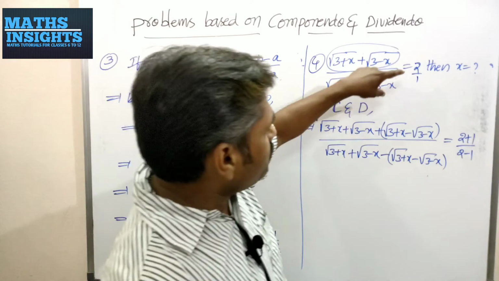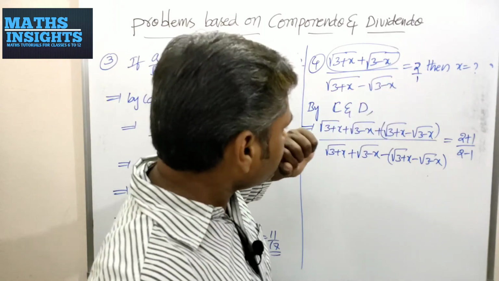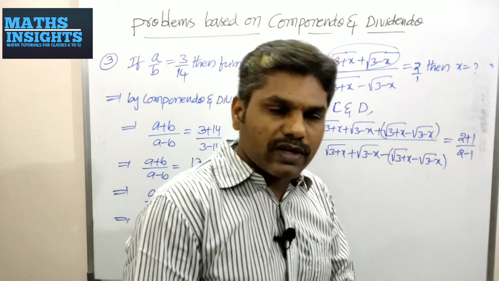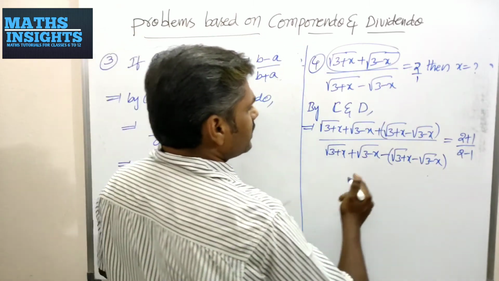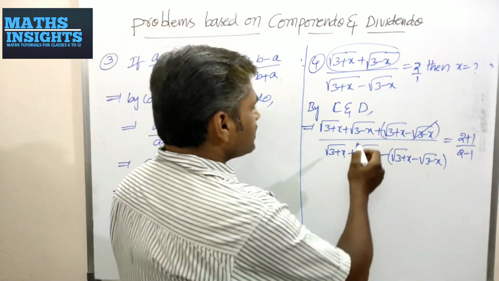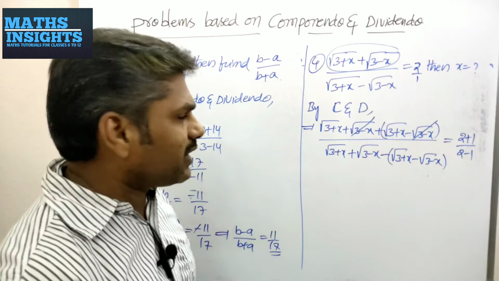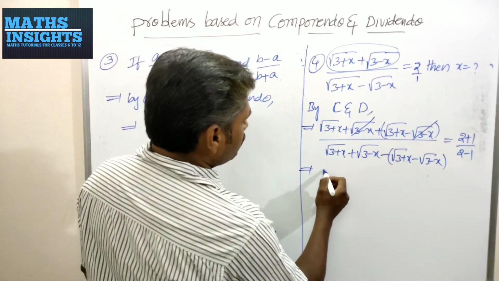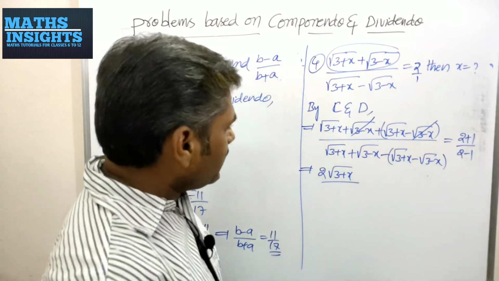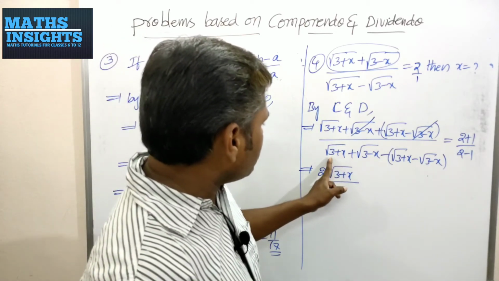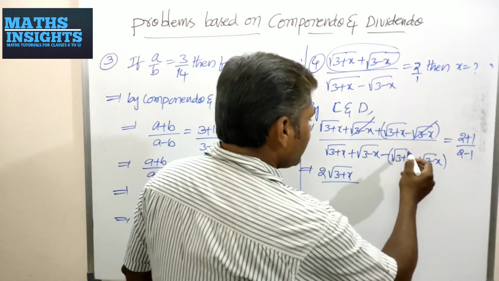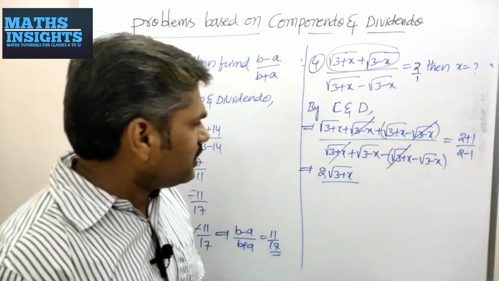CD, if you assume this as C and D, therefore C plus D is 2 plus 1, C minus D is 2 minus 1. If you observe here, minus root of 3 minus x plus root of 3 minus x will get cancelled, then you will have 2 into root 3 plus x by, here if you observe, this square root of 3 plus x minus square root of 3 plus x will get cancelled here also, right.